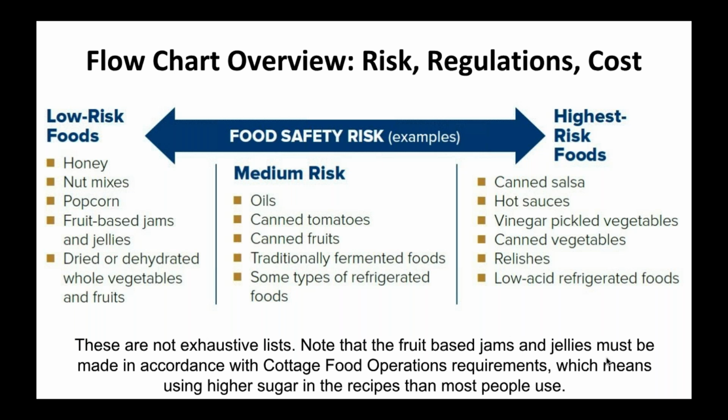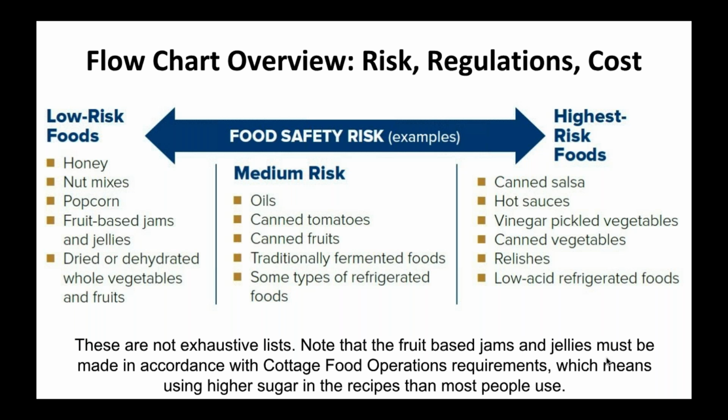These are initially low-acid ingredients. So the vegetables that are the base ingredients are low in acid content. So we're typically adding some type of vinegar or citrus juice to these products, which will increase the acidity level in the final product.